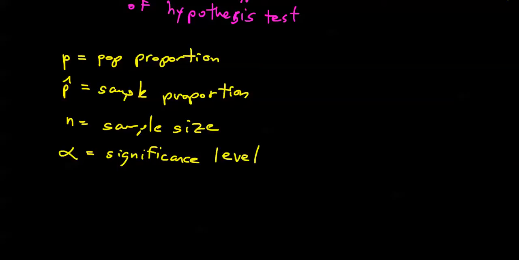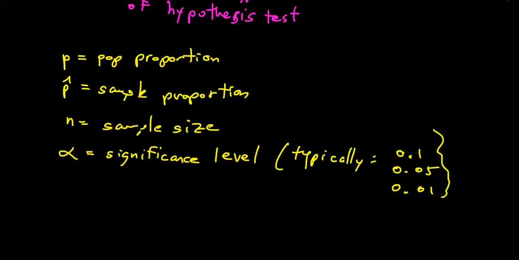Right, this will, informally, be the bar that we have to overcome to reject the null hypothesis or the null claim. Typical levels for significance level are 0.1, 0.05, or 0.01, kind of a low, medium, high scenario for setting the bar or the burden of proof which the H1 claim must overcome. Alright, we are going to use the p-value approach.